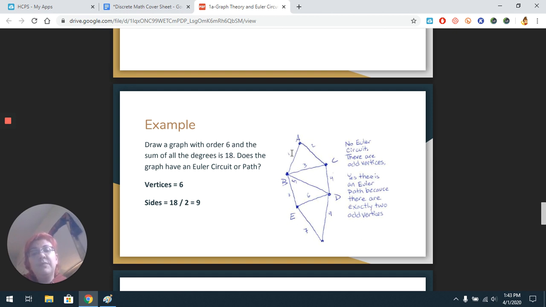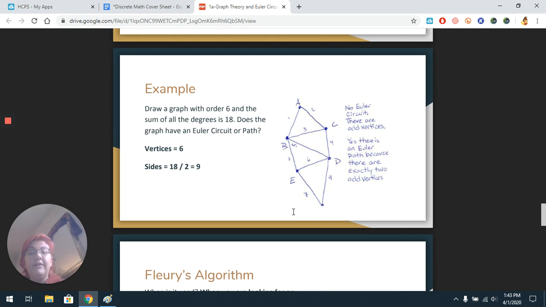The one I drew has degrees 2, 3, 4, 2, 3, and 4. So there's no Euler circuit because there are odd vertices. But I only have 2. C and E are my odd vertices. So yes, there's an Euler path because there's exactly 2 odd vertices.